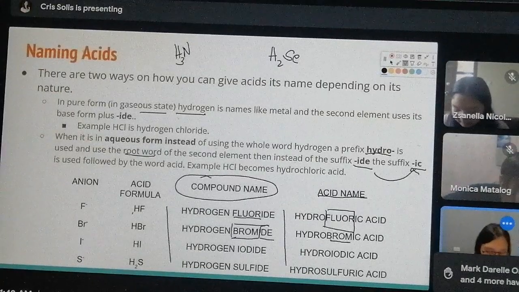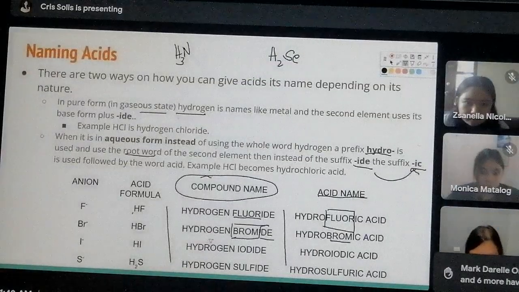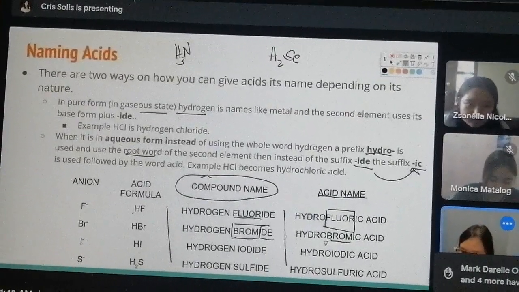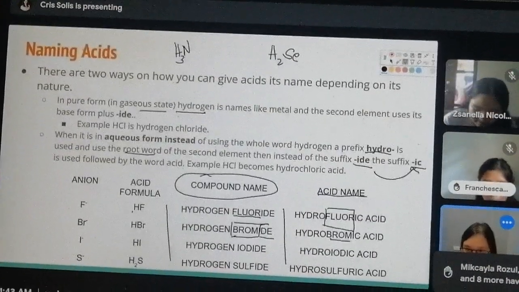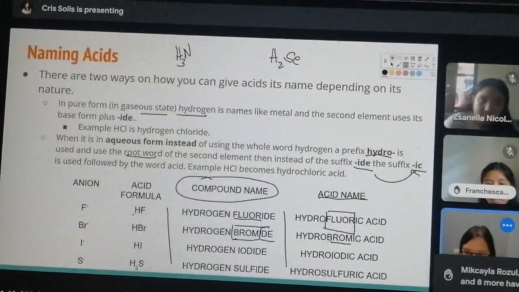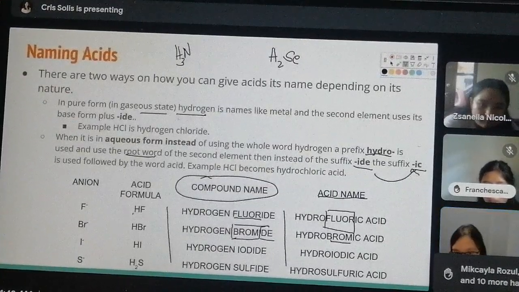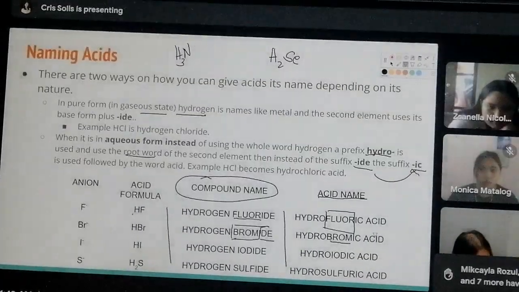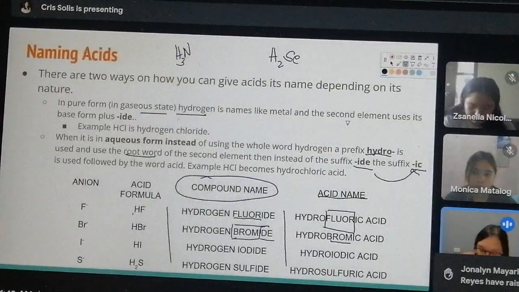Selenium po ang Se. Hydrogen selenide. Good. How about its acid name? Shaban. Sarah. Hydroselenic acid. Good. You can do it. It looks like you're alive now.